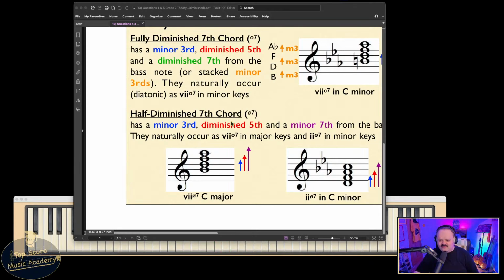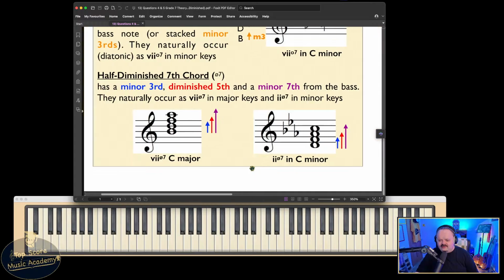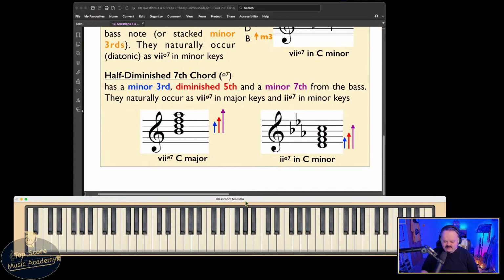So if I just scroll up a little and if I just do this, yeah, there we go. This way you can see the piano as well. So here is your B, D, F, A. That's your half diminished seventh. That's your fully diminished seventh.